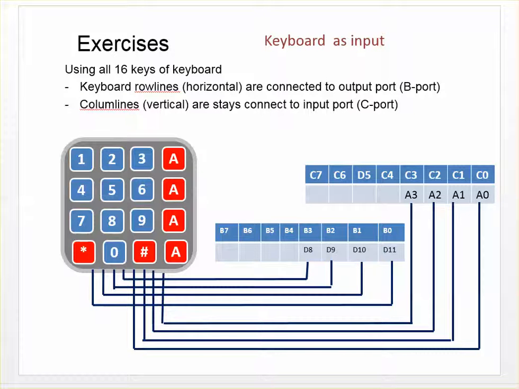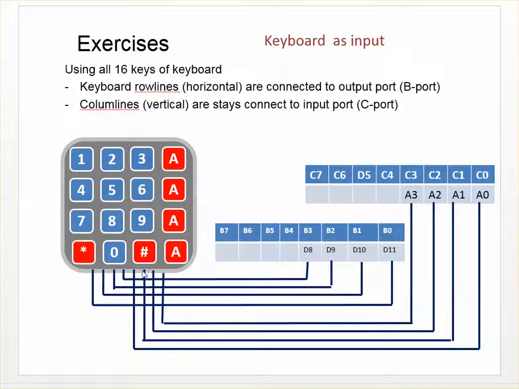And now it's time to use the whole 16 button keyboard. It will be done in that way that the C port keys remain as they were earlier, connected to the C port.